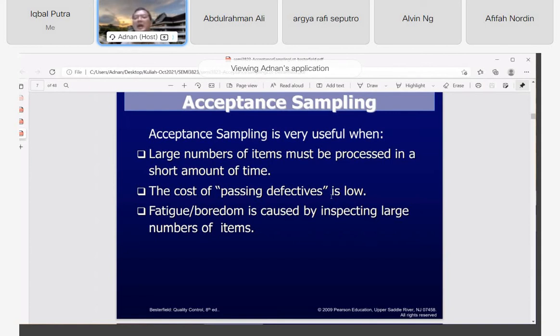Some people are unlucky and get the defective one. You may have experienced this: you buy a product and after 2 days it's broken, but your friend bought the same thing and can use it for a long time. Why? Because the inspection is based on a sample, and you are the unlucky one.